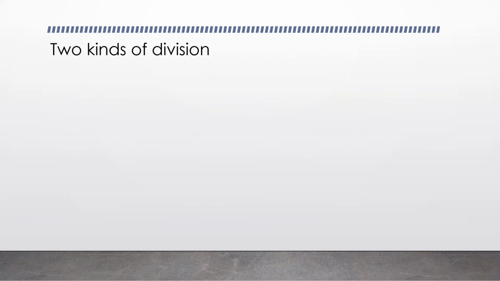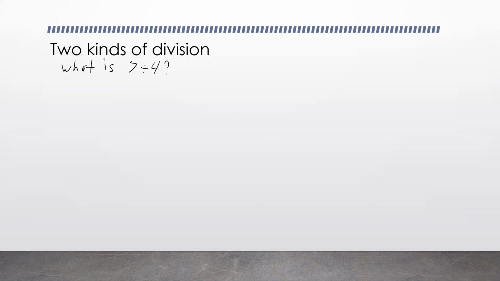All right, now this wouldn't be a good lecture on math in C if I didn't explain the 2 kinds of division that go on in computers. So let me start by asking you, what is 7 divided by 4?